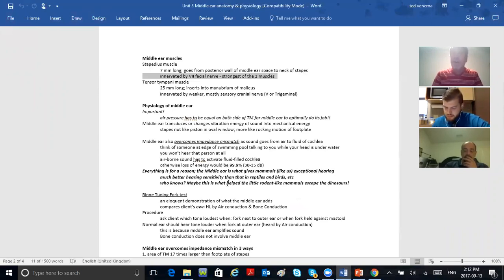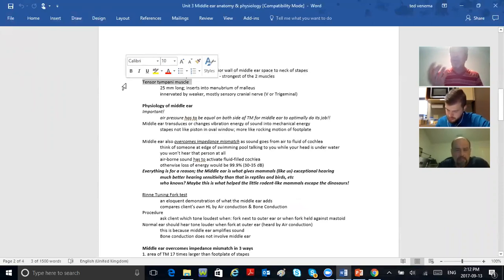Well, the nerve that's attached to the stapedius muscle is the 7th facial nerve, the smiling nerve, the one that moves your cheeks. That's a strong motor nerve. So the stapedius muscle is tough. It's the strong muscle. The tensor tympani muscle is attached to the malleus.